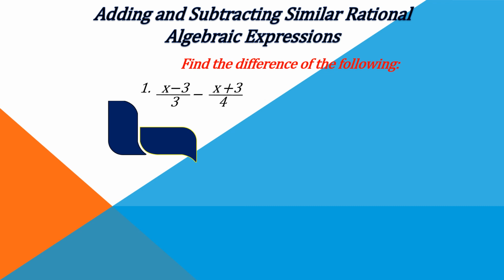As you can see, our sign of operation is minus. So this is subtraction. And the first rule in subtraction of algebraic expressions is that we should change the sign of the subtrahend and proceed to addition.